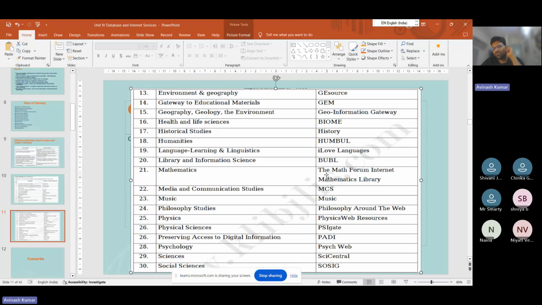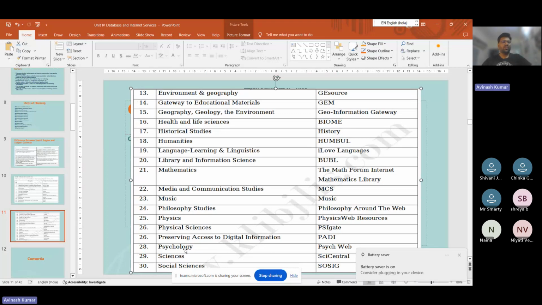First you should know what BUBL is. Okay, and another very important one is SOSIG. This is very important. So I have collected all the data. Now we have completed networks, distributed databases and subject gateways.